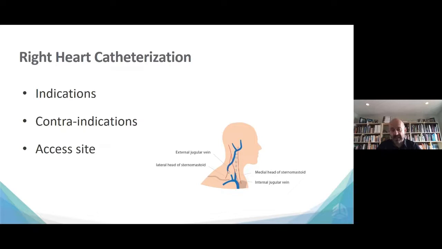And then access site. This comes up a lot. In the cath lab, you can go from essentially any site you want, because you can help yourself with the fluoroscopy to navigate. So femoral site is pretty frequently used in the cath lab, but I would strongly recommend to everybody, don't try this at bedside.